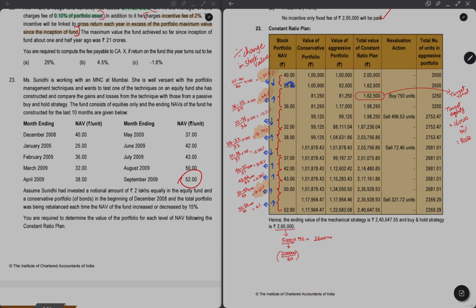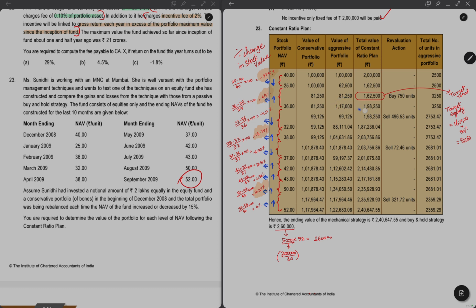Then from 25, the NAV has increased to 36, and the increase in percentage is coming up to 44%. Again, it triggered the rebalancing constant ratio. So the total has increased from 1,62,500 to 198. How? Because the equity value of 81,250 has increased at 36 rupees to 1,17,000.